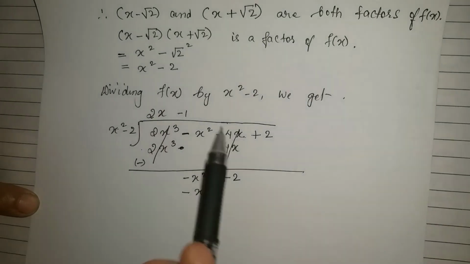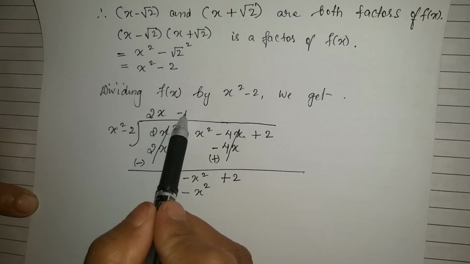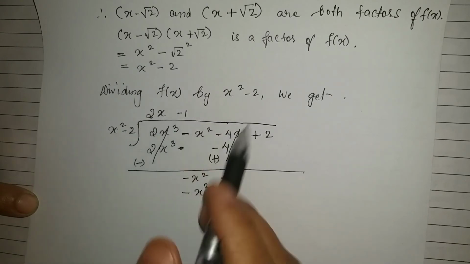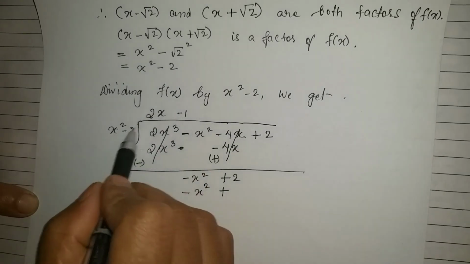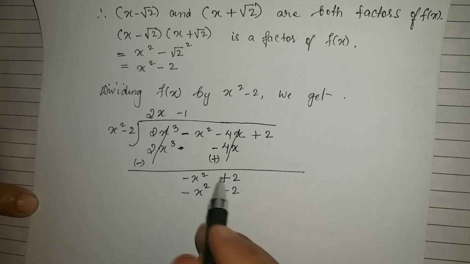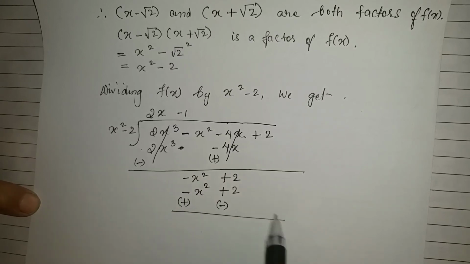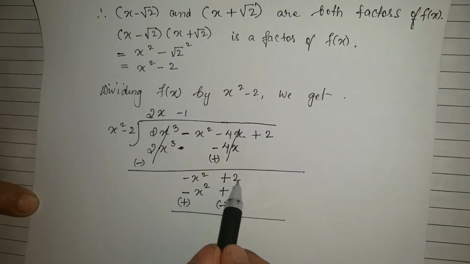The next step, we will multiply minus 2 with minus 1, it will be minus into minus plus, 2 into 1, 2. Then we subtract the two polynomials. Minus will become plus and plus will become minus. Then minus x square plus x square will be 0. Plus 2 minus 2, we get 0. So our remainder is 0.